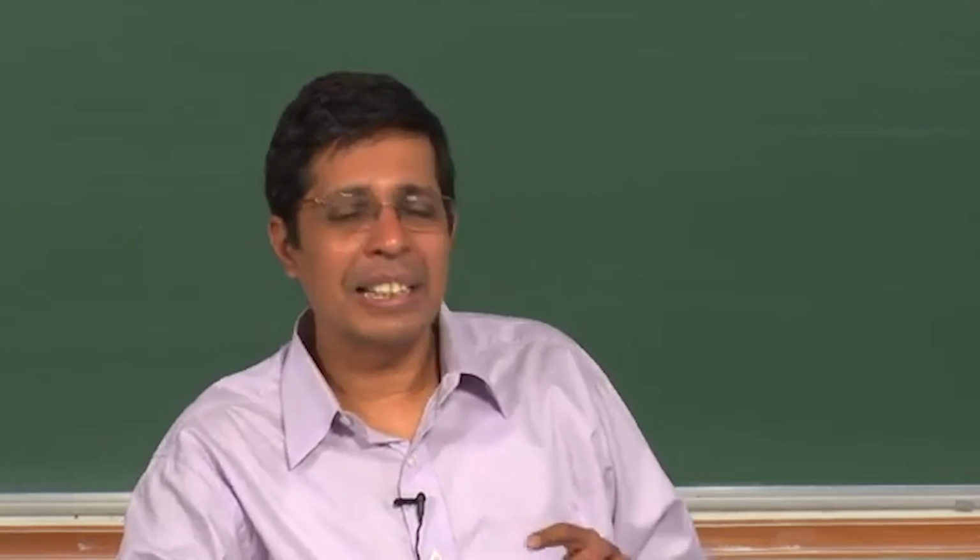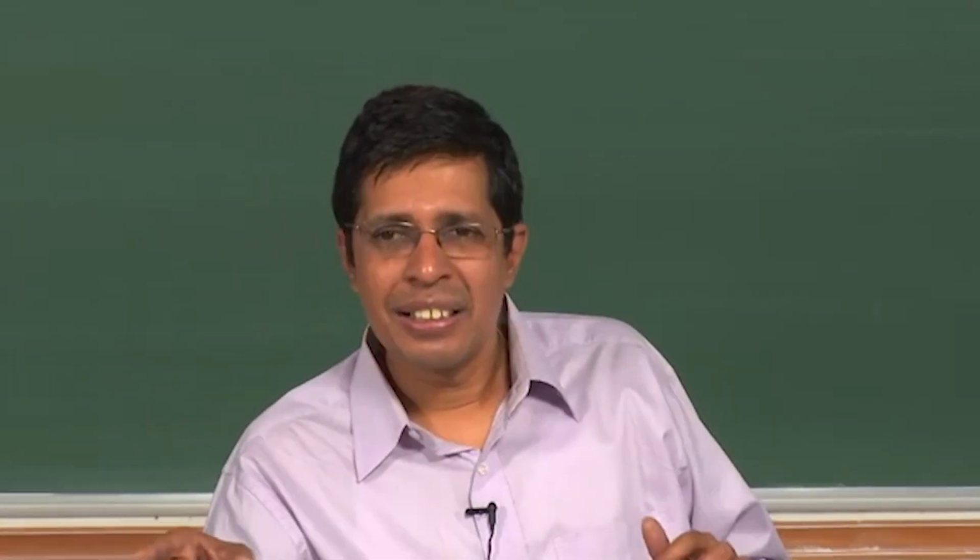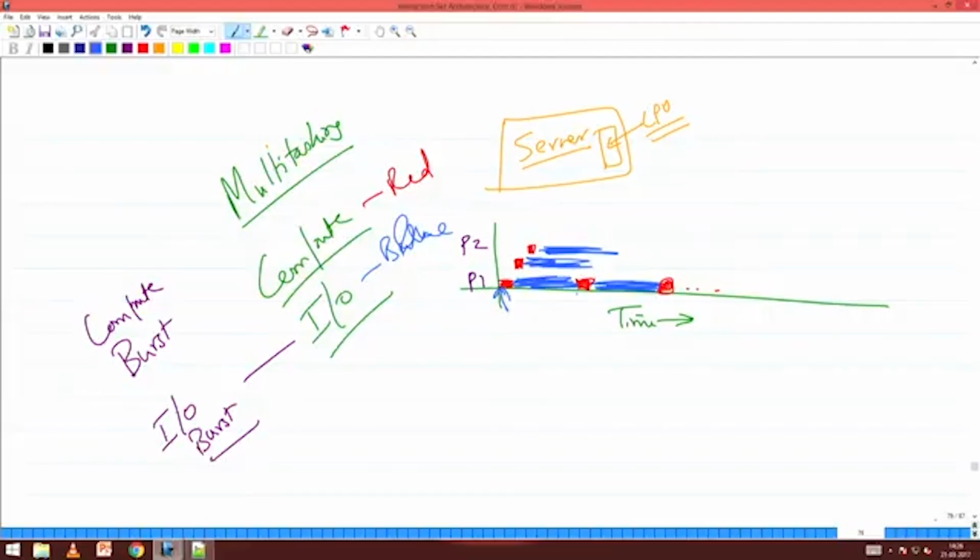Between this red and this red, say it released the CPU at T1 and wants it again at T2, in this T2 minus T1 interval, several other processes can work on the CPU. Are you getting what I am trying to say? Yes or no? Right?